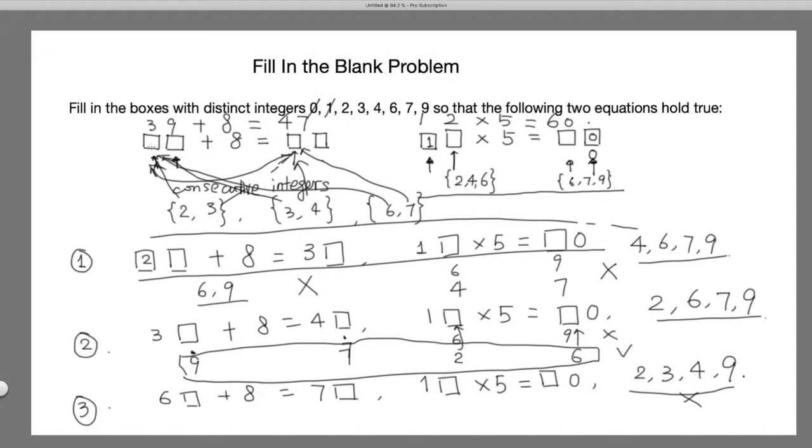So this digit has to equal this digit plus 1. And so from this, we know that these two as a pair have to be consecutive integers. But if you look at what's remaining, 2, 3, 4, 6, 7, 9, there's kind of a break there. The consecutive pairs are only 2, 3, 3, 4, and 6, 7.